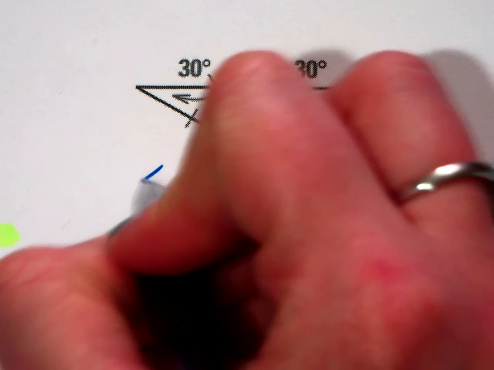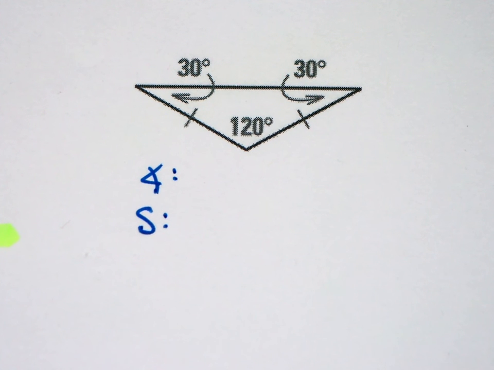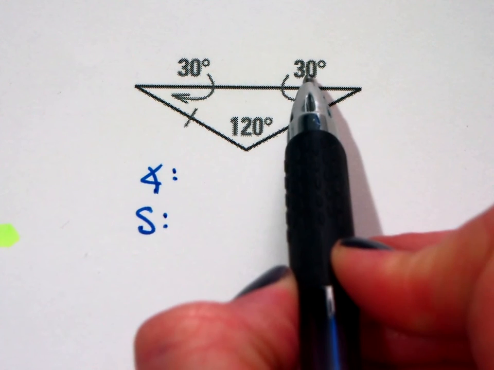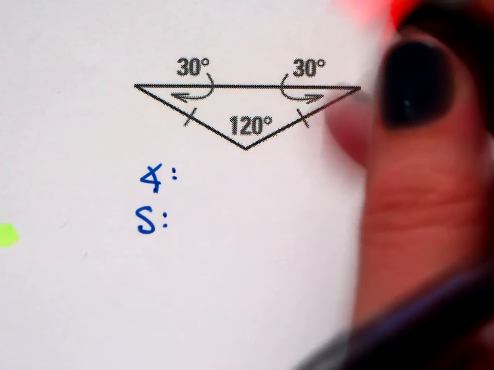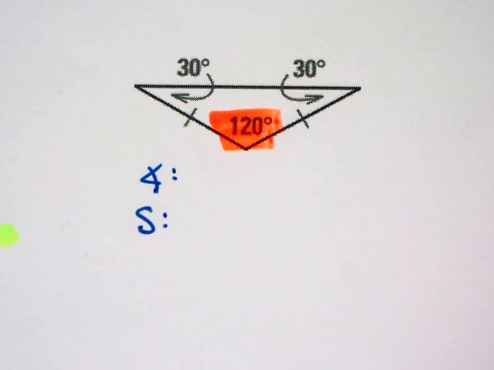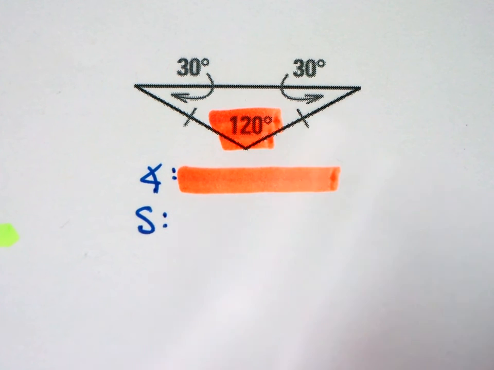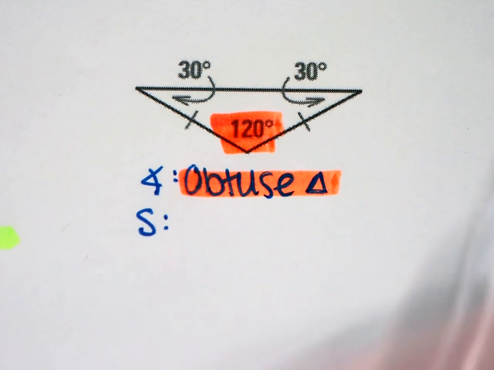Again, we're going to classify by angle and by sides. Looking at the angles, I notice we have a 30-degree angle, a 30-degree angle, and a 120-degree angle. If you ever have an angle that is greater than 90, that angle is always classified as obtuse, and that makes this triangle an obtuse triangle based on the angles.